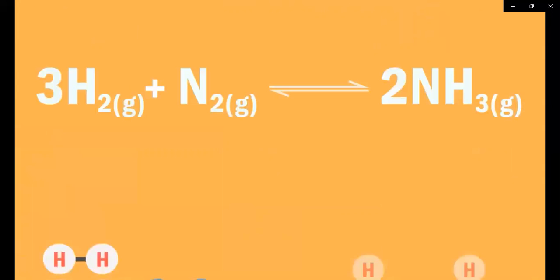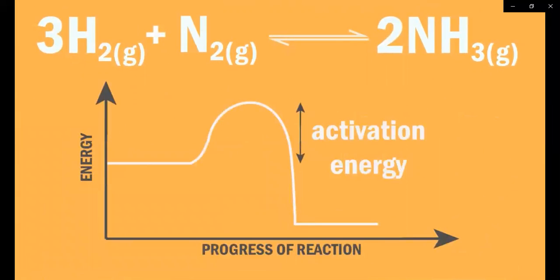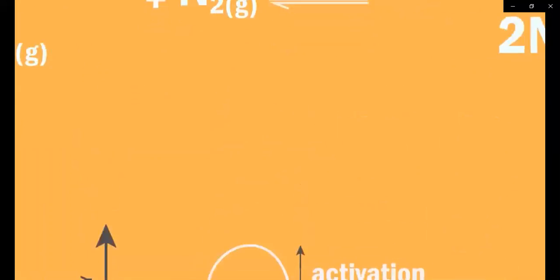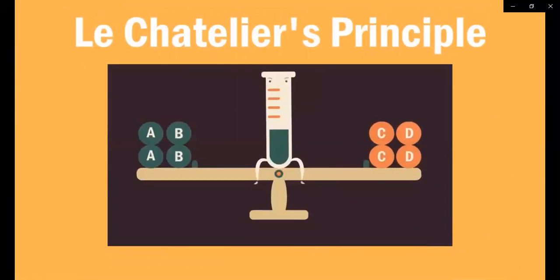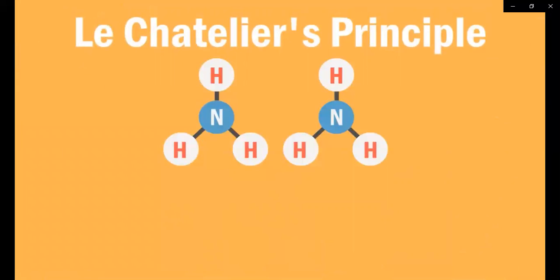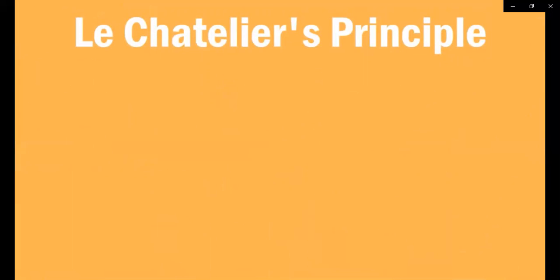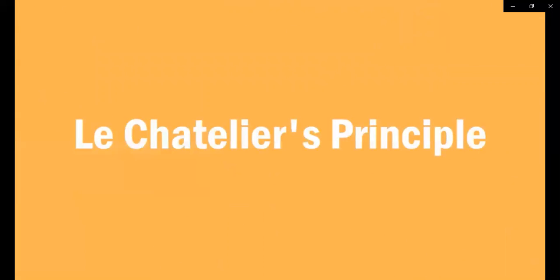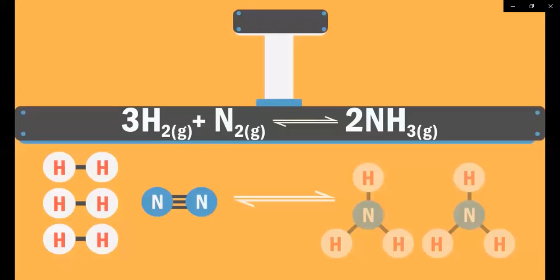Let's revisit this reaction again. Note that this is a reversible reaction and that the forward reaction is exothermic. The Haber process uses Le Chatelier's principle to maximize ammonia production while keeping operating and production costs in mind. Le Chatelier's principle tells us that increasing pressure will favor the side with fewer moles.